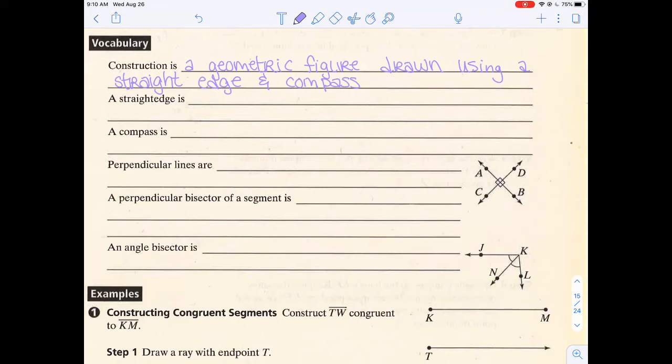All right, which brings us to a straight edge, and a straight edge is just a ruler with no markings. So it's only used to draw a straight line.